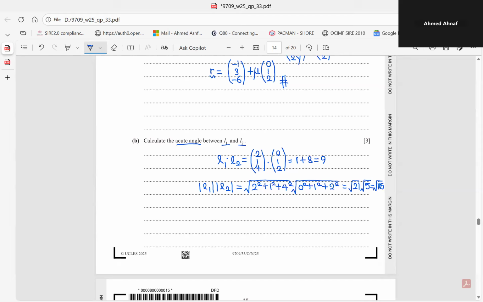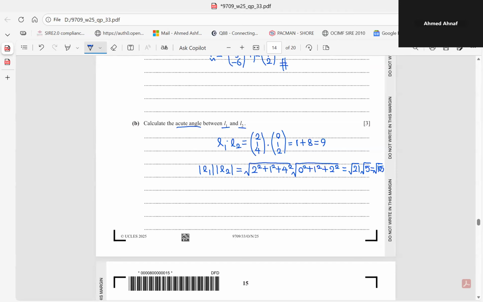Now we can find our cosine theta, which is just L1 dotted with L2 divided by modulus of L1 times modulus of L2. So you get 9 over square root 105. So how do we know that this theta that we're going to find by taking the inverse cosine of this is acute?